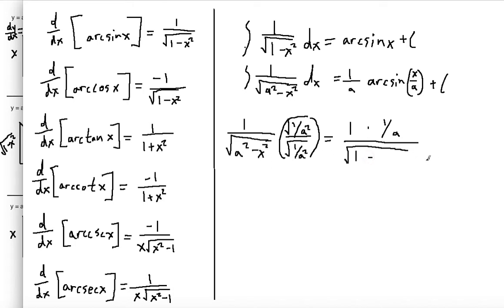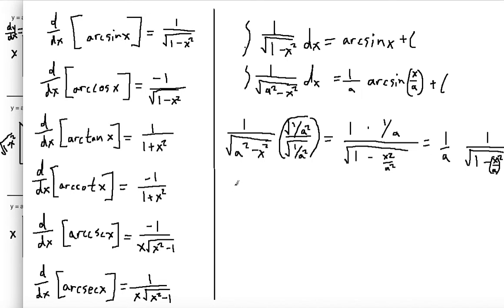And then here, x squared times 1 over a squared is x squared over a squared. And we get out that this is 1 over a times 1 over the square root of 1 minus x squared over a squared. And I'm going to choose to put parentheses around it this way.